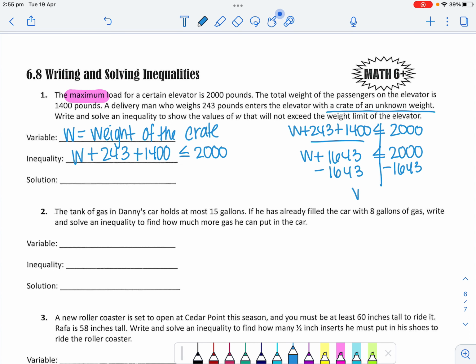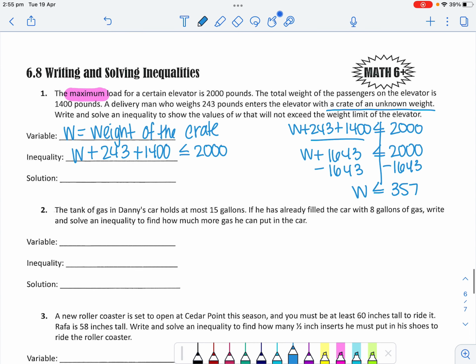And I get W is less than or equal to 357 pounds. So this crate can weigh up to 357 pounds and still be on the elevator with the man and all of the other people.